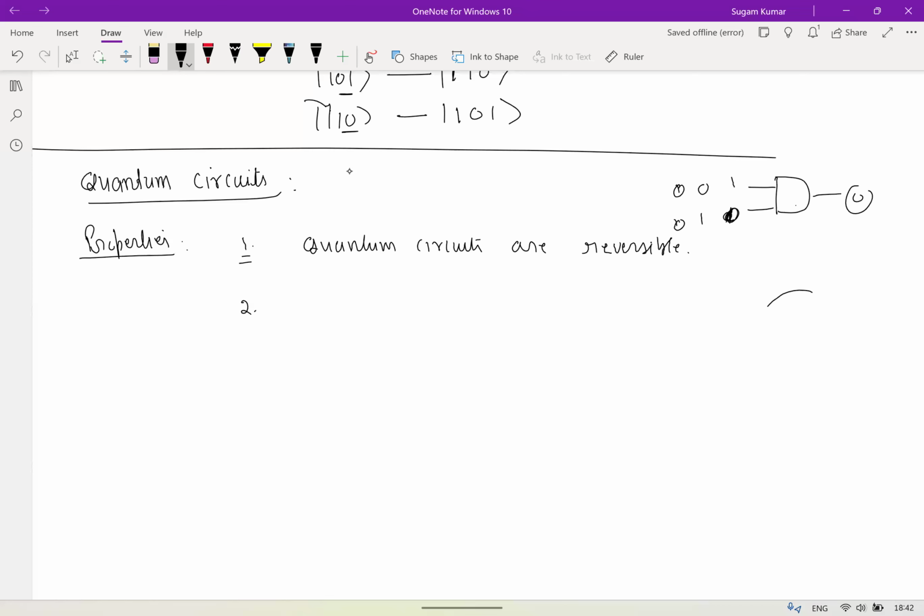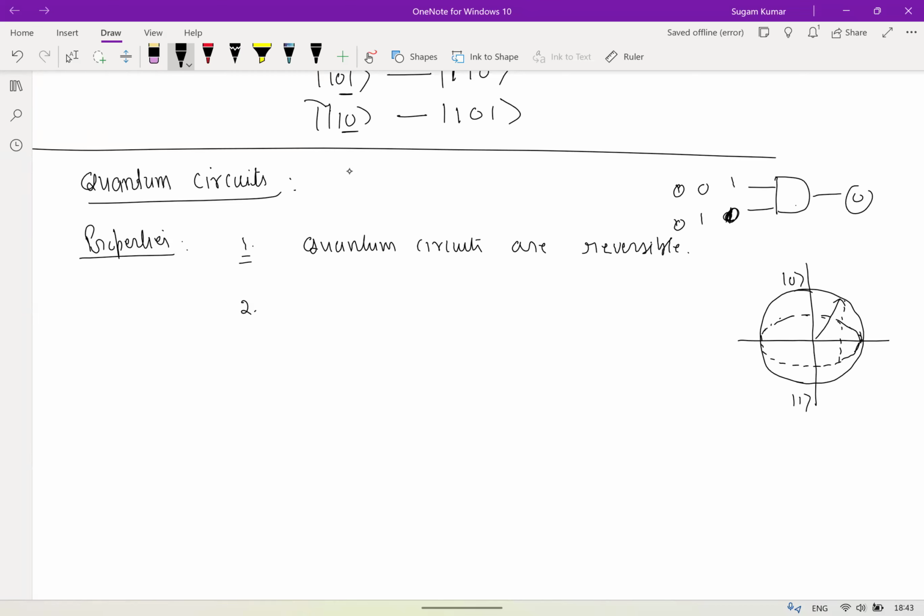If you think carefully about the Bloch sphere, then you can imagine why these gates are reversible, because technically what these gates are doing is rotating this vector on the sphere. So for example, you have a 0, then you can bring it to 1 by pi rotation.